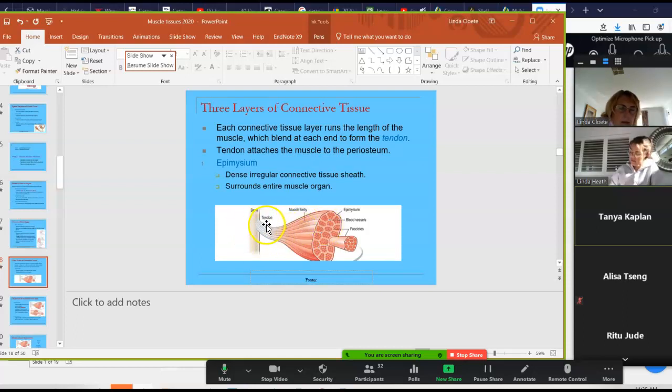So the whole sheath forms a tendon, and that's what attaches to the bone.